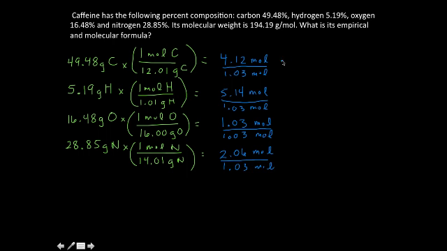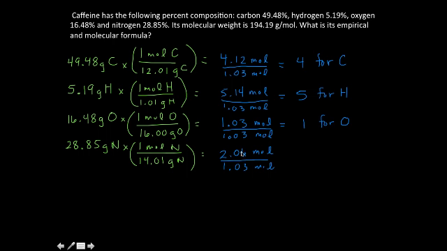Now what I'm going to find is my subscript in the empirical formula for each element. I take 4.12 and divide it by 1.03, and of course I get 4 for my carbon. I take 5.14 and divide it by 1.03, and I get roughly 5 for hydrogen. 1.03 divided by 1.03 gives me 1 for oxygen.